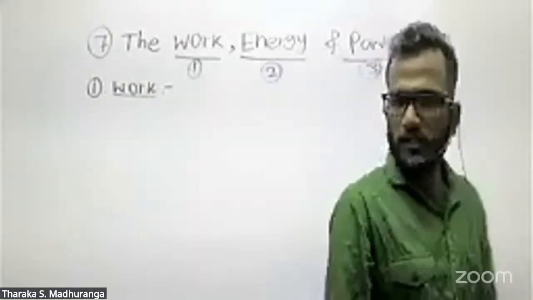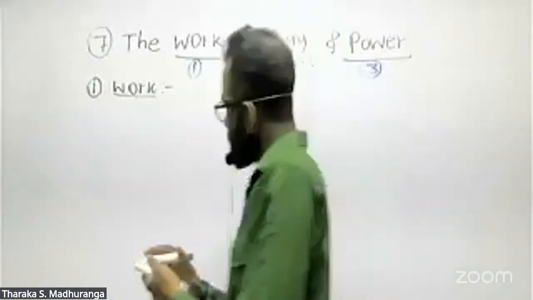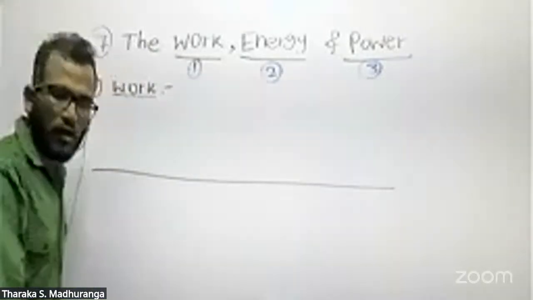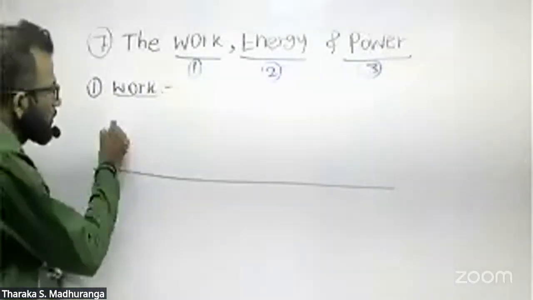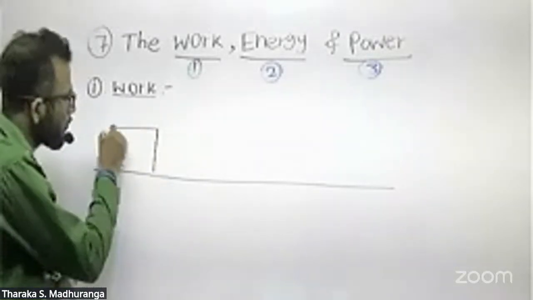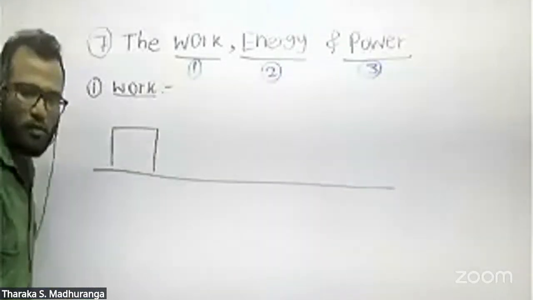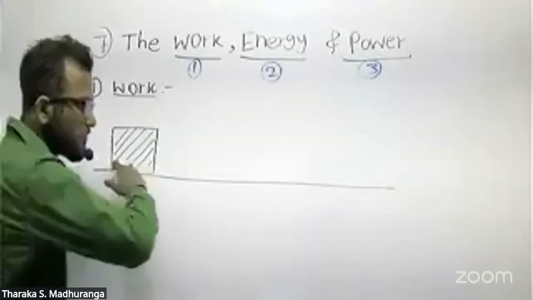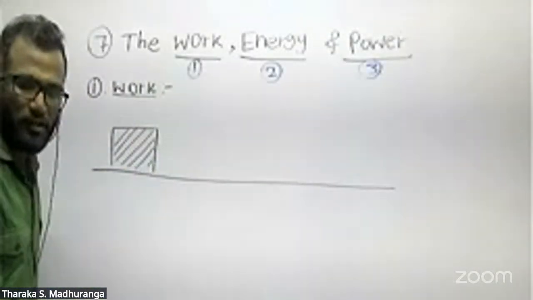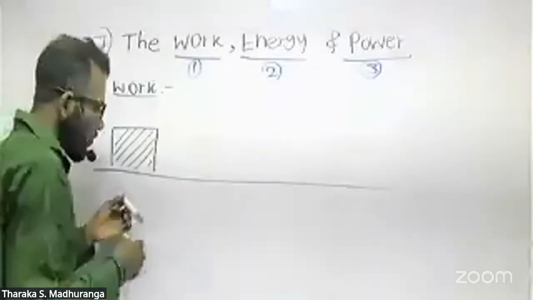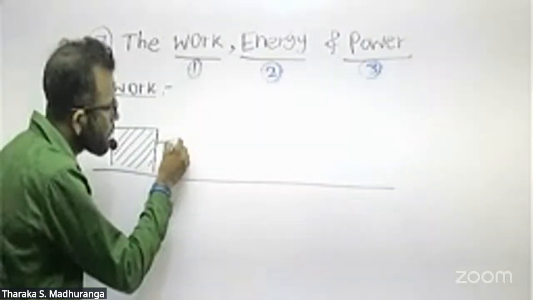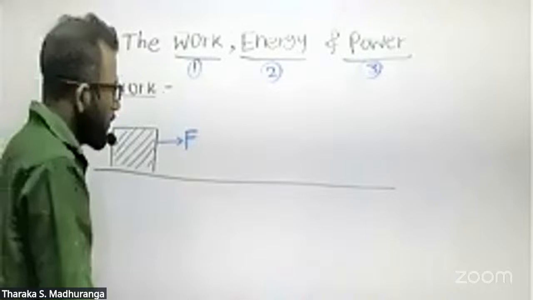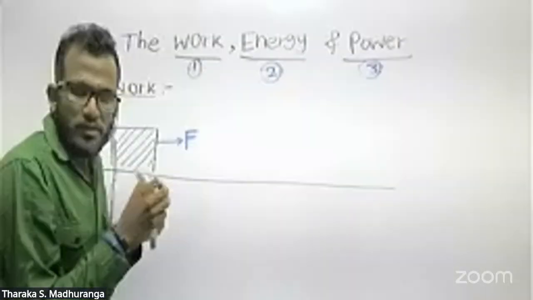The work means, think this is a road or any surface, ground level. Think this is a vehicle or any object. On the surface there is an object. When we apply some external force on this object, what happens?